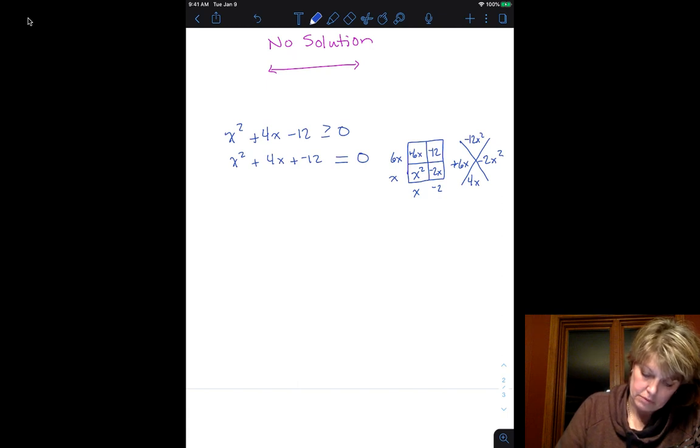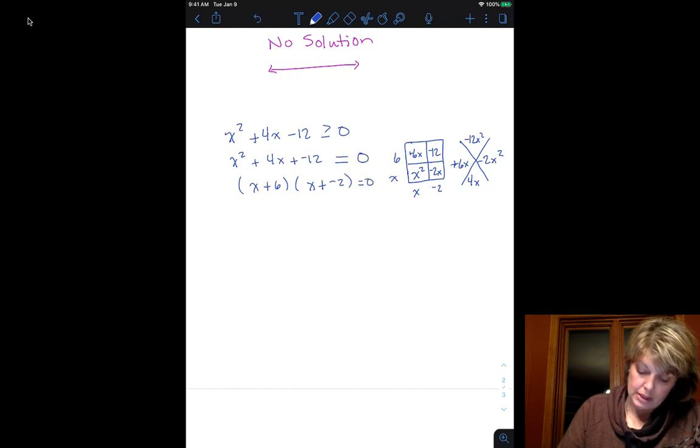So then we have, whoops, nope, I don't either. I don't need that x there. So we have x plus 6, and we have x plus negative 2. And again, the zero product property: one of these two factors has to equal 0 in order to make the product 0.